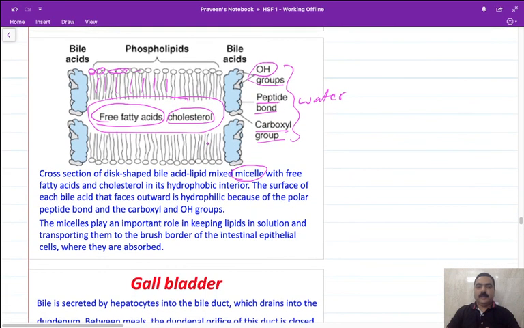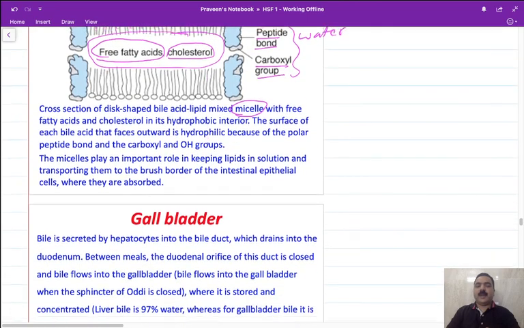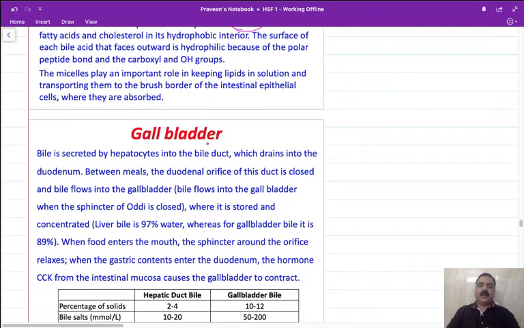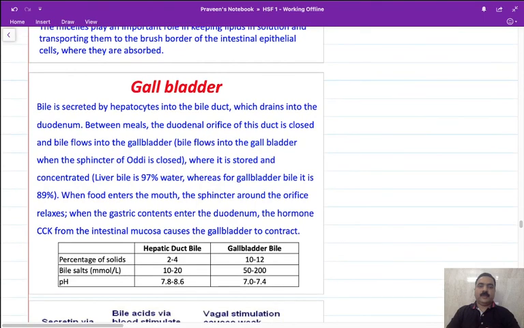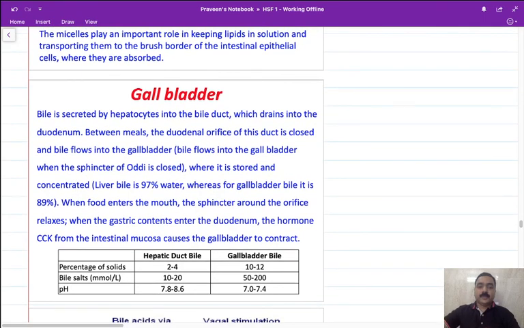Okay, so now let us discuss the differences between the hepatic bile and the gallbladder bile. Okay, so what is the role of this gallbladder? The gallbladder helps to store the bile. So the bile production is a continuous activity from the liver, but the sphincter of Oddi is not always open. Okay, so the bile cannot always keep going into the intestine, so it has to be stored somewhere.